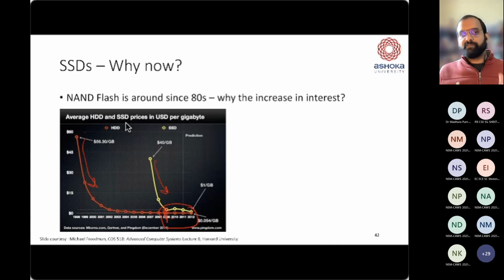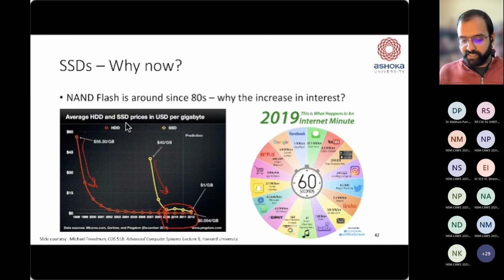That's the time frame when SSDs became mainstream. So there's nothing very new with the technology. It's been around for 60, 70 years. It's just that the economics started making sense 15 years ago, right?